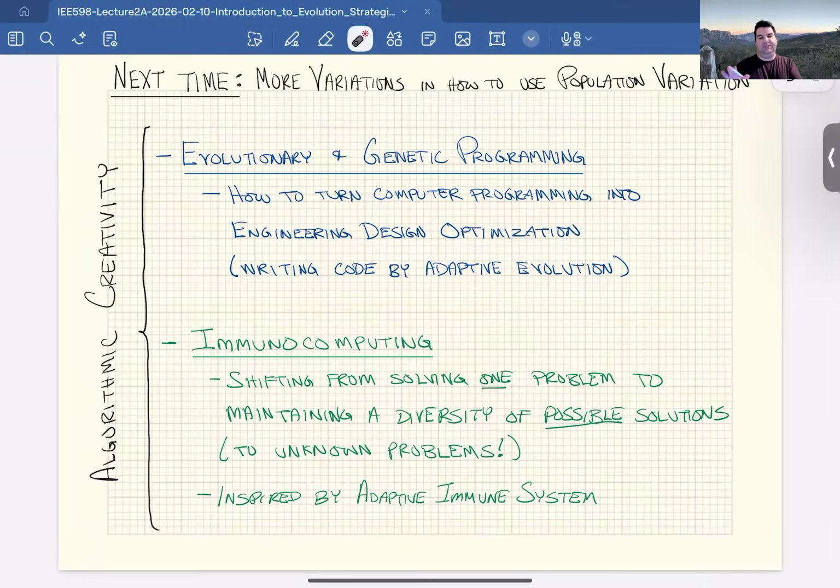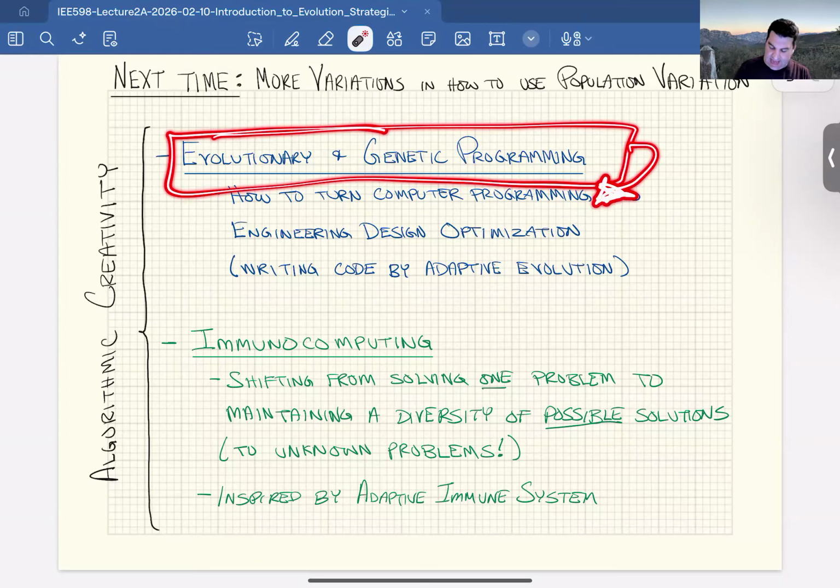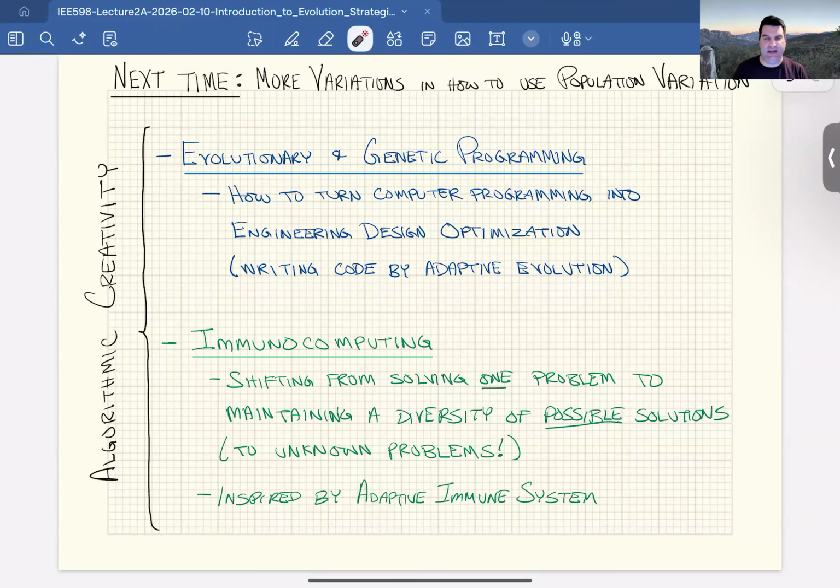We are now going to diversify that and look at, rather than a traditional optimization problem, how we turn programming itself into a type of optimization problem that methods like genetic algorithms can end up solving. So how do you tell a genetic algorithm, write me the best piece of code to do X or Y, and then have it write the code for you.